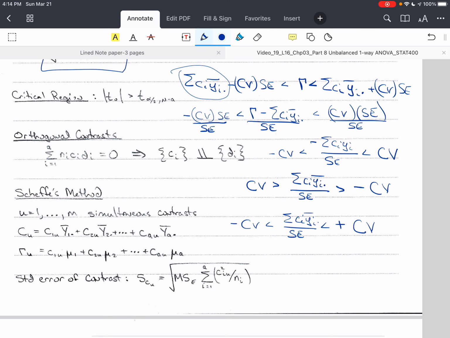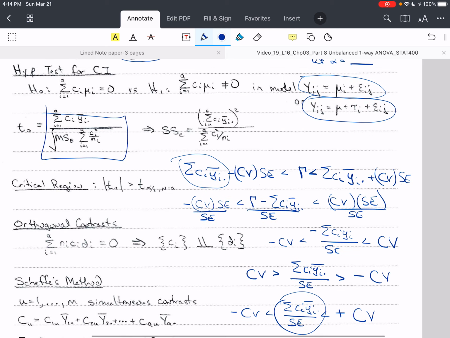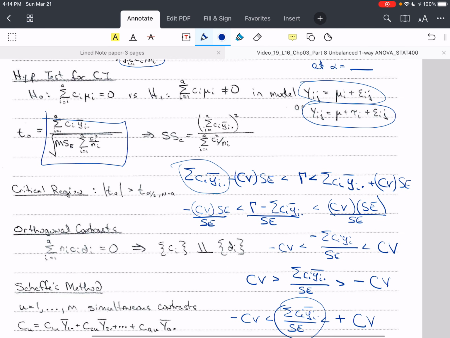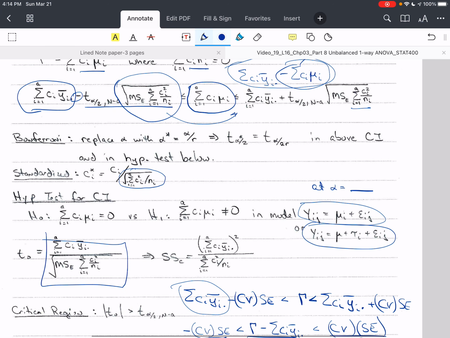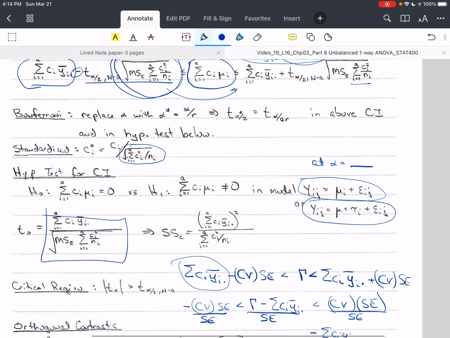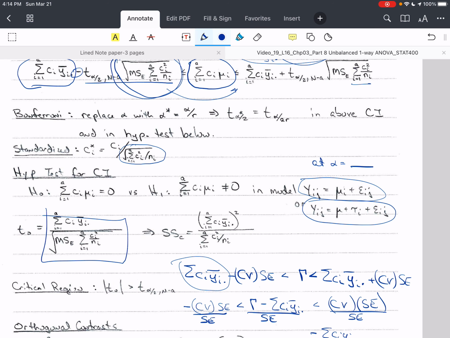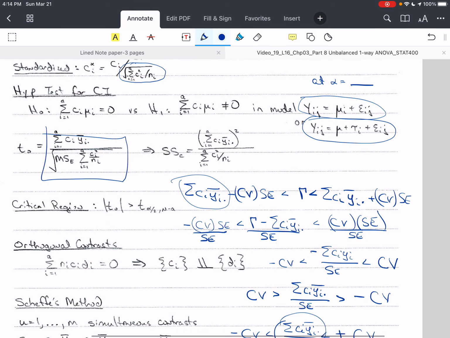And so what we have in the middle is the sum of ci yi dot bar over our SE, which was back up here, this quantity here: the square root of MSE times the sum of ci squared over ni.